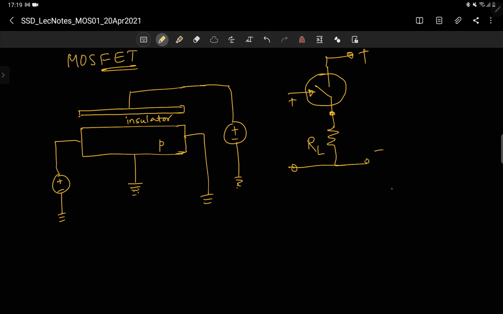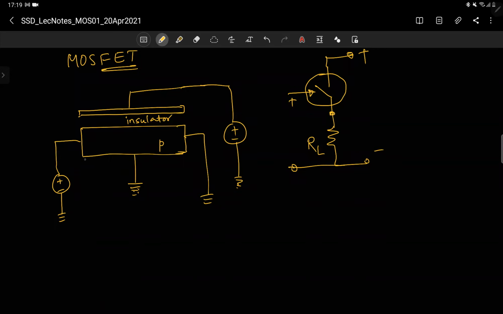You somehow emit carriers into vacuum, then control the flow of electrons in the vacuum by using a third electrode. That is how those vacuum tube devices work. Because carriers cannot be found in vacuum, they had to release carriers into vacuum first, and then control the movement of carriers. Similarly here, when carriers are not there, you cannot have any current flow.